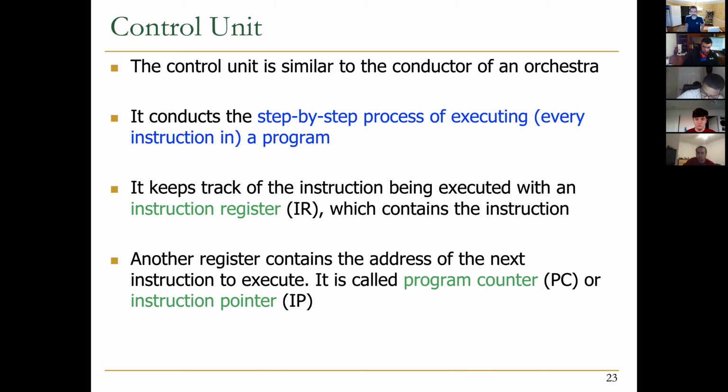And then another register, you probably have heard about it, the program counter or instruction pointer, basically points you to the address of the next instruction to execute. So hopefully these two are clear, right? Instruction register points you to the current instruction, PC or IP, the next instruction.